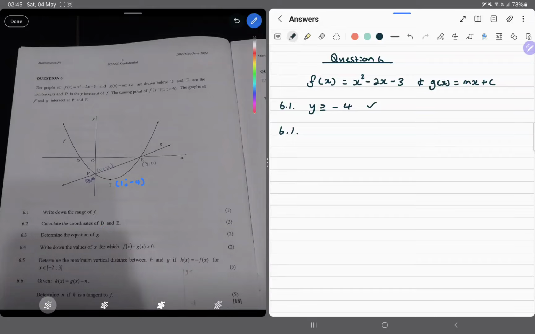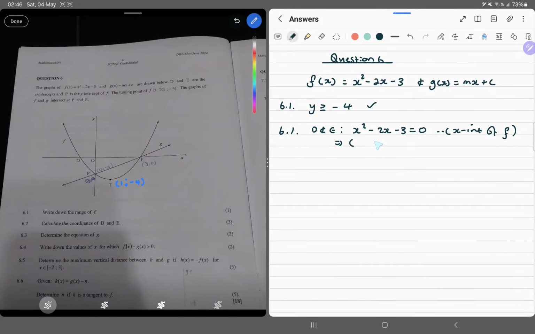Next question, we need to calculate the coordinates of D and E. These are the x-intercepts. So we know that D and E are such that x squared minus 2x minus 3 is equal to 0. These are the x-intercepts of f. Okay, great.